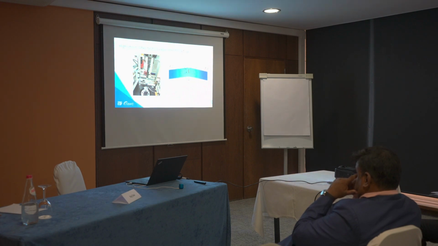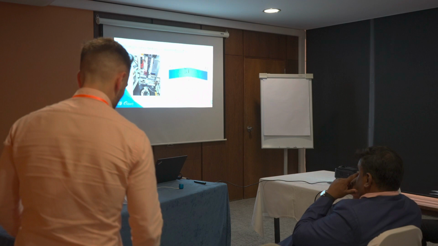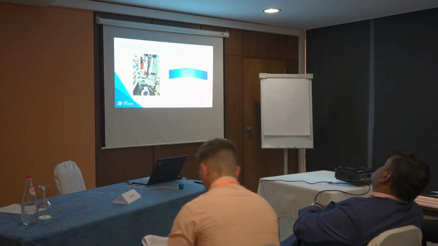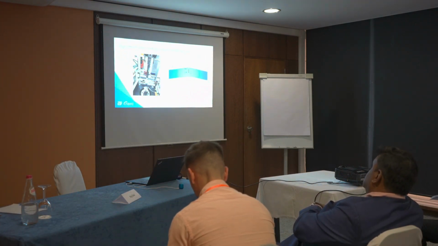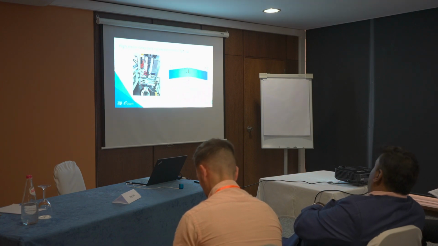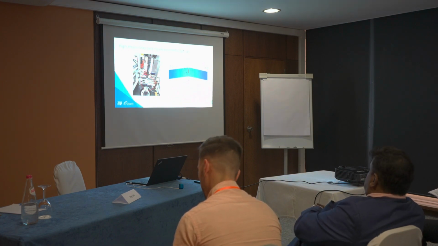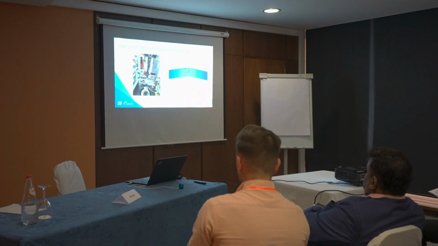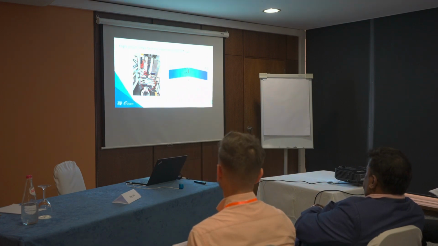Let me start by showing some examples of the experimental setup which we have utilized in this project. Here we can see the hydraulic machine. You can see the flat specimen on it, with speckle patterns around it.